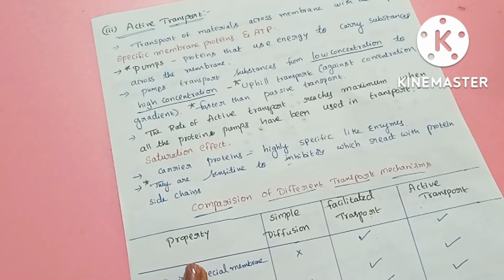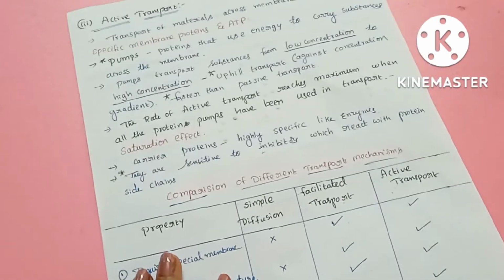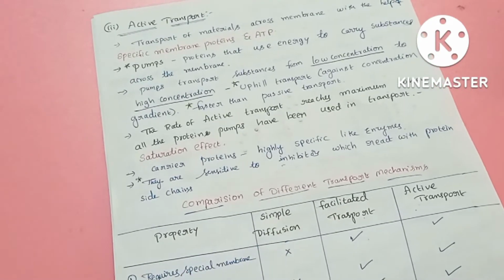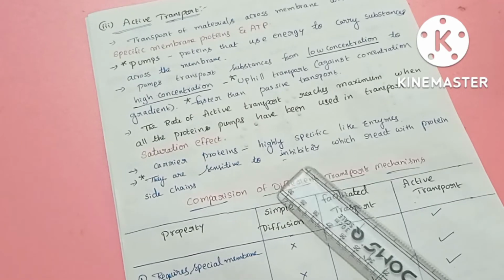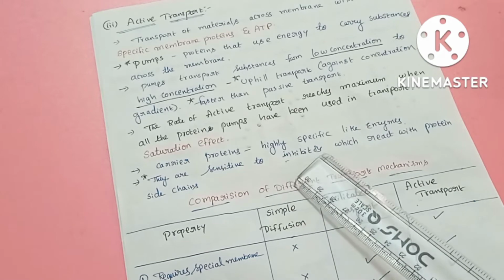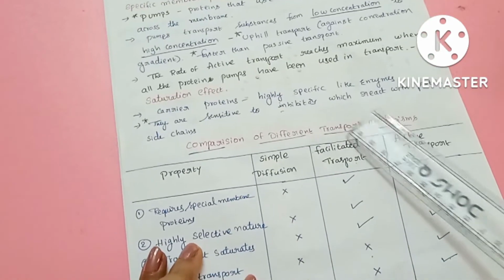Like that, these proteins are also highly specific. They will not carry all the different types of molecules. They specifically carry certain substances. And these are proteins, right? So these transport proteins are sensitive to certain inhibitors which react with the protein side chains. This is about active transport.